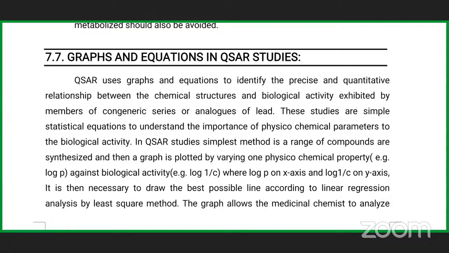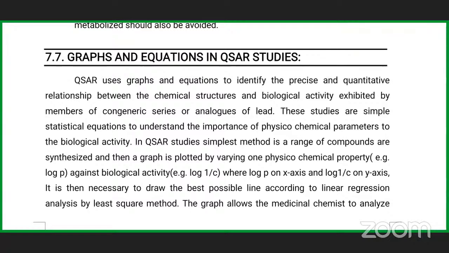If you draw a graph by taking the descriptor on one axis and your biological activity on the other axis, then the relationship between these two factors will be known. So here generally we use graphs and equations in the QSAR studies.